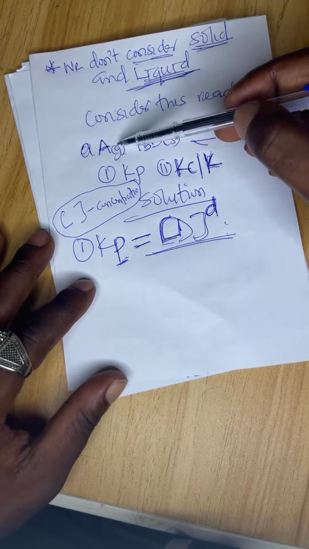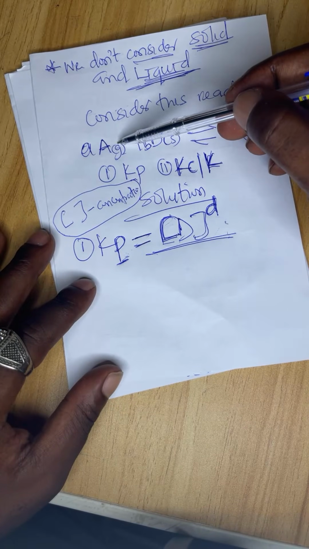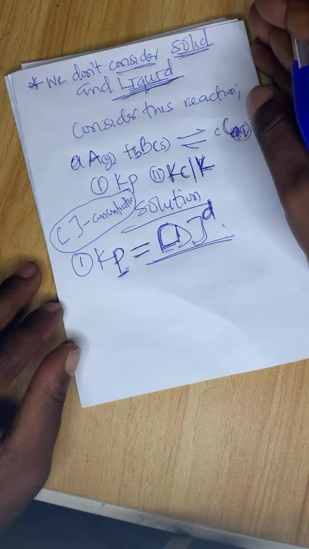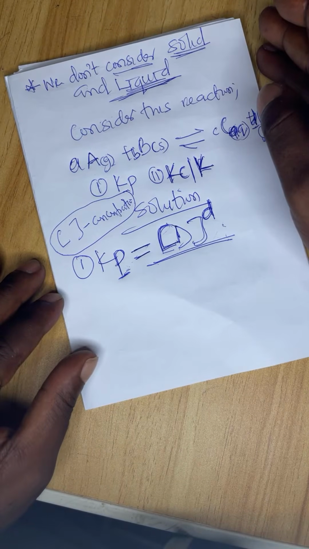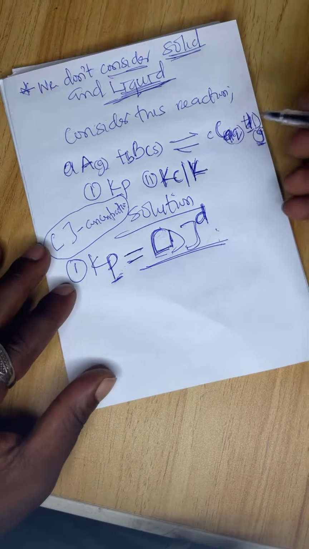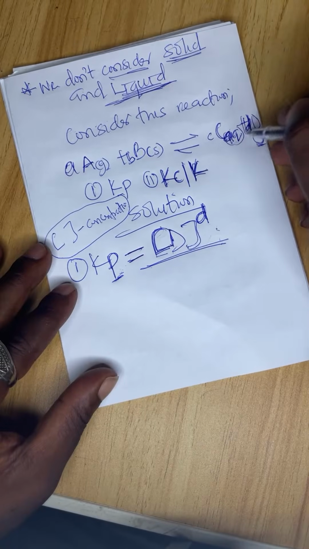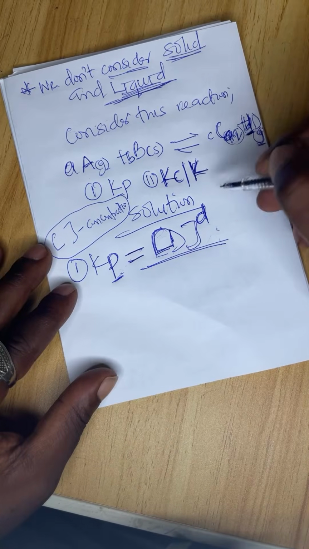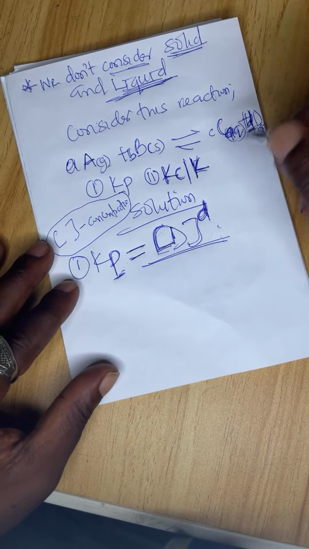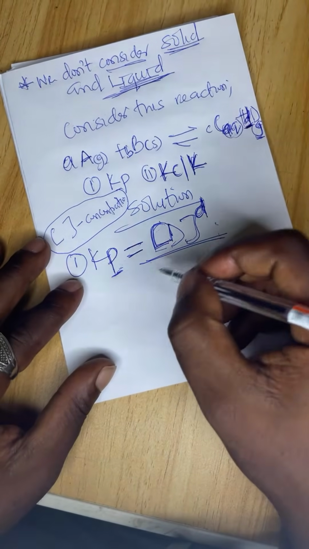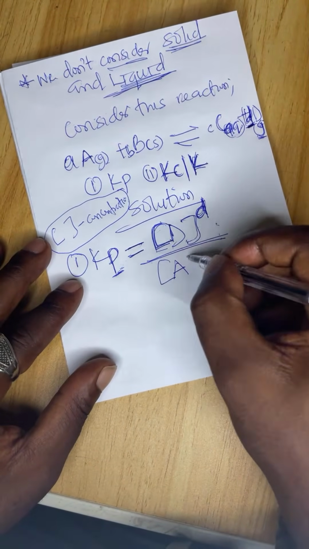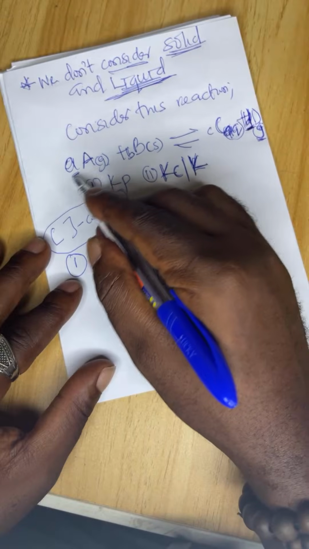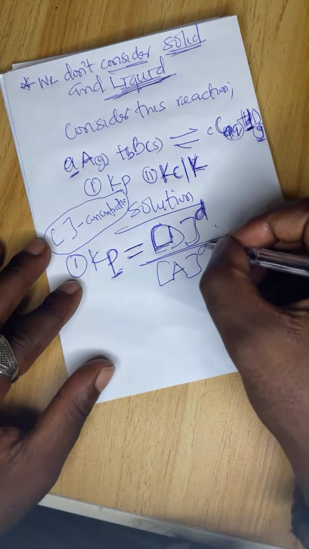The raised power is the coefficient. Every time you must always use the coefficient and raise to the power. So yes, I will write for A, and the coefficient here is a, so I will put it here.